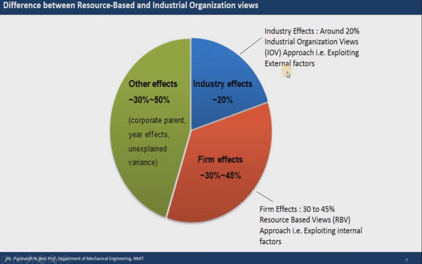So this roughly adds up to about 50% of the entire effect on the competitive advantage, and the remaining effects depend on the corporate parent, year effects, unexplained variance, and so on. Right? So if we look into this, what is the right approach to have a sustained competitive advantage?